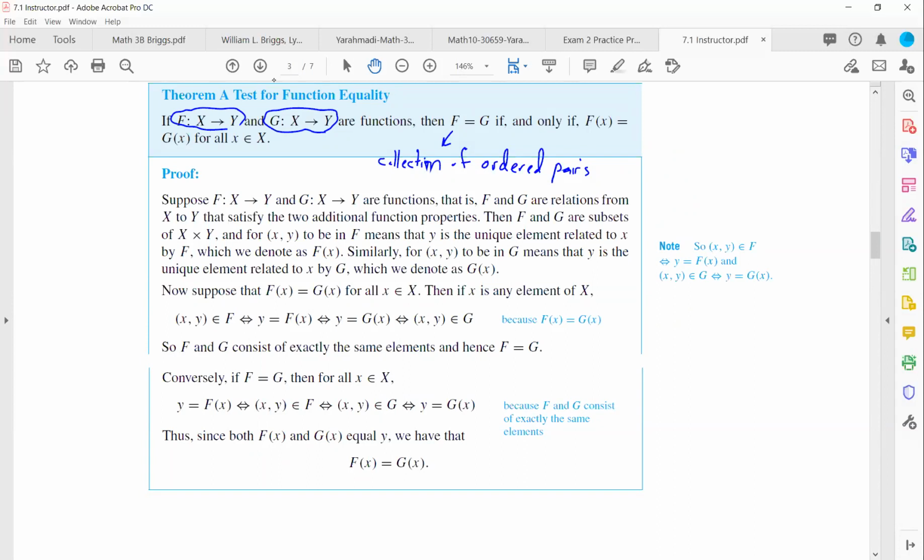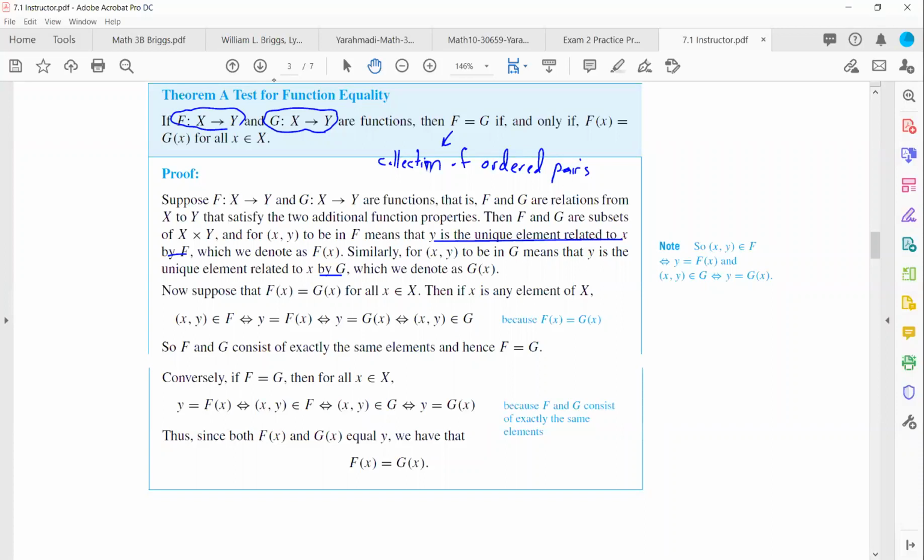So for any point (x, y) in f, it means that y is a unique element related to x by f, which we denote by f of x. At the same time, (x, y) as a point in the ordered pair set g means that g maps x into y, which is the unique element related to x by g, g of x.